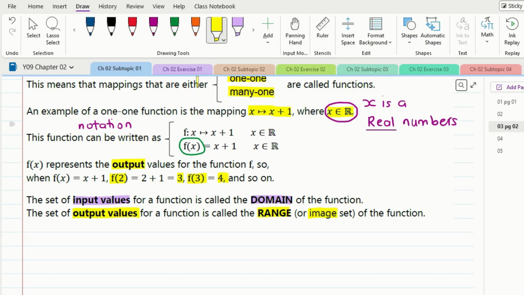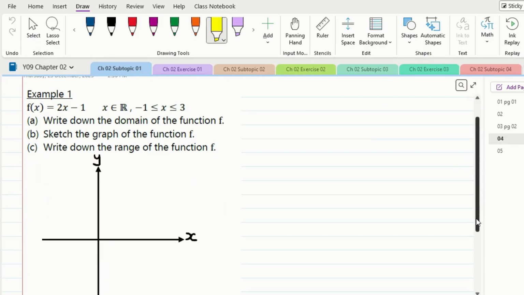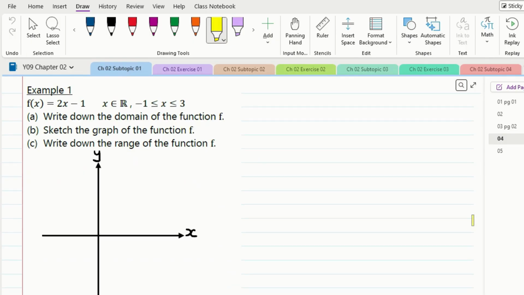So it depends on the function that you are given, whether it is one-to-one or many-to-one. Now, one of the most common questions that will be asked of you is whether you can find the domain and the range.